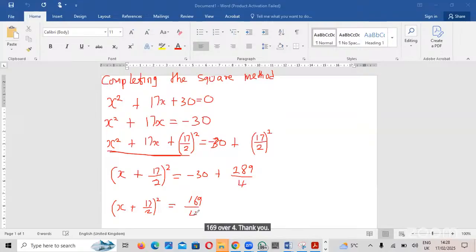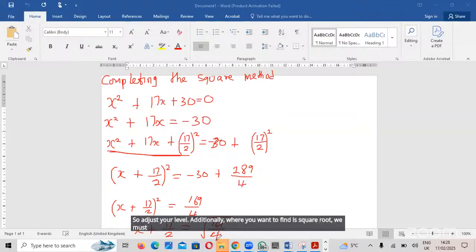Then from there, I will now have s plus 17 over 2 is equal to the square root of 169 over 4. At this level, where you want to find the square root, you must put a plus or minus there.